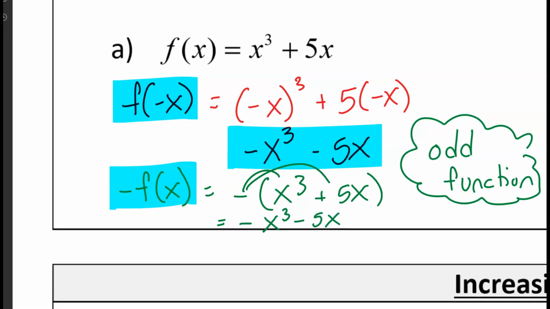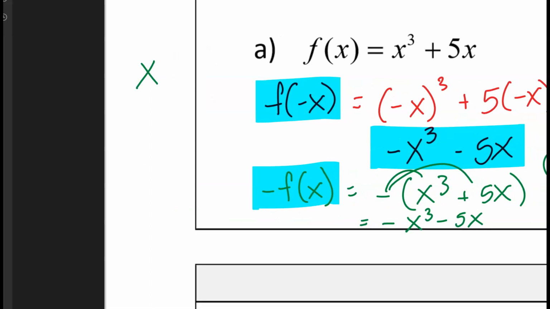If, say, you just had x cubed as your function, this is odd. If you just had x to the 4th, this is even. But when you have stuff after it, that's when it changes things up. It's not always considered even if the exponent is even.